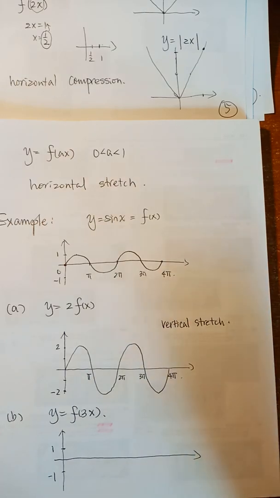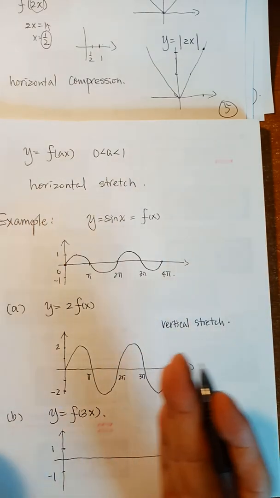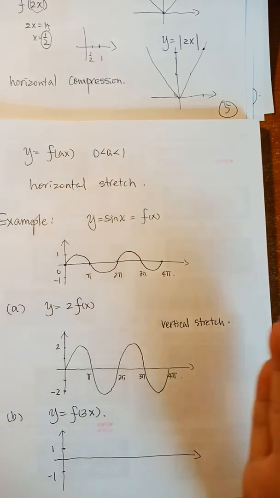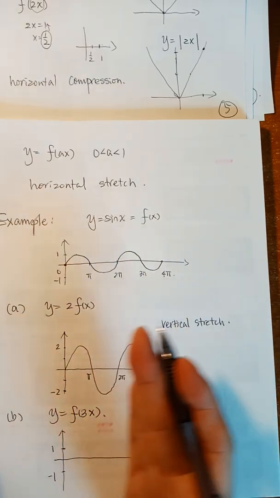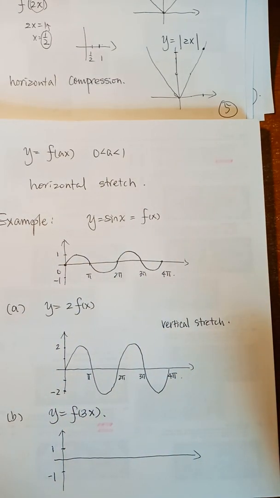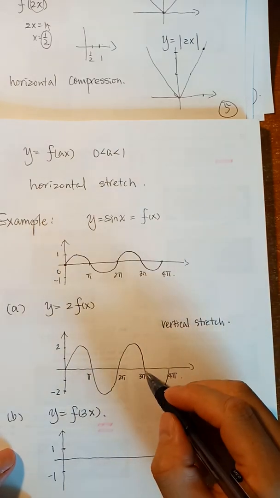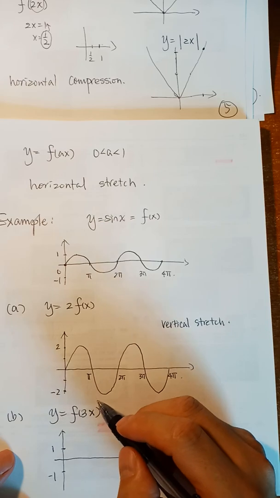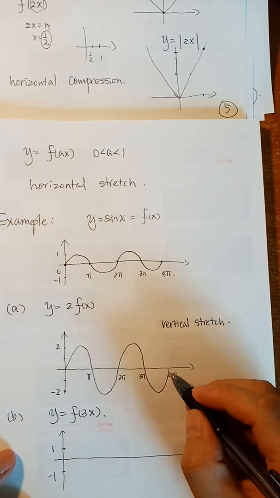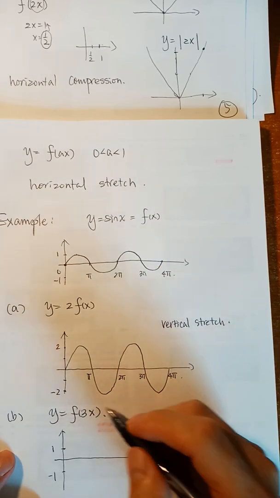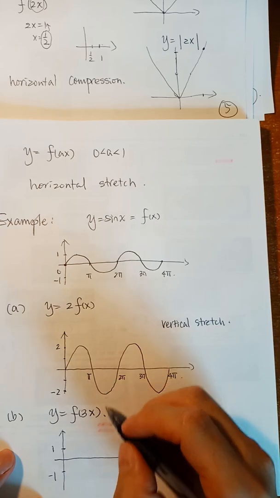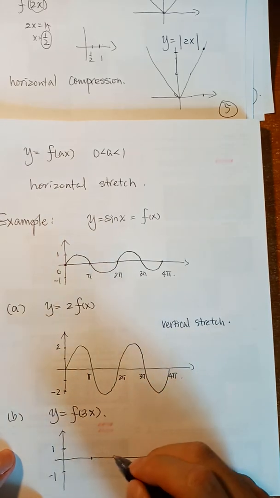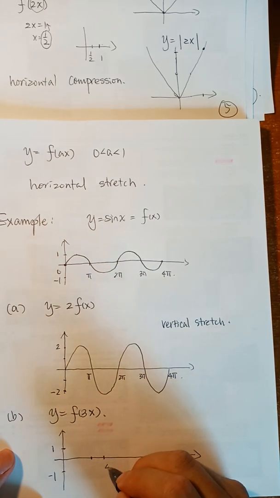And you compress it along the x direction, because here the 3 is greater than 1. So pi becomes pi over 3, 2 pi becomes 2 pi over 3, and 4 pi becomes 4 pi over 3. This is pi, and 4 pi over 3 is here.